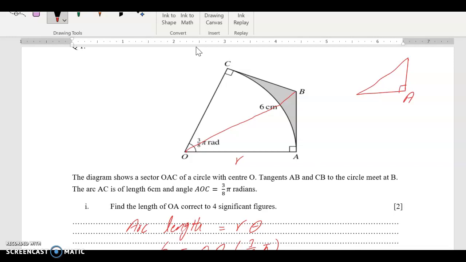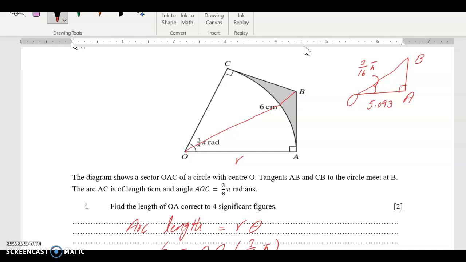So here A, B, and O. Here we just found r is 5.093, which was OA, and the angle, because we are going to split it into 2 equal parts, will be 3 by 16 pi, and then we are interested to find the length of AB.